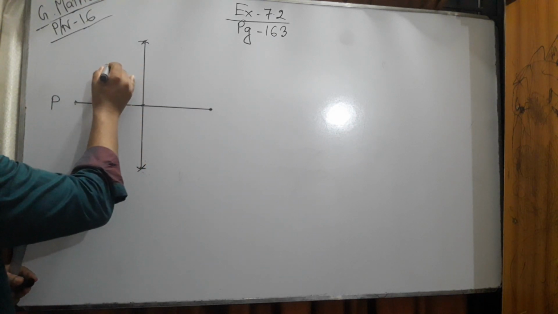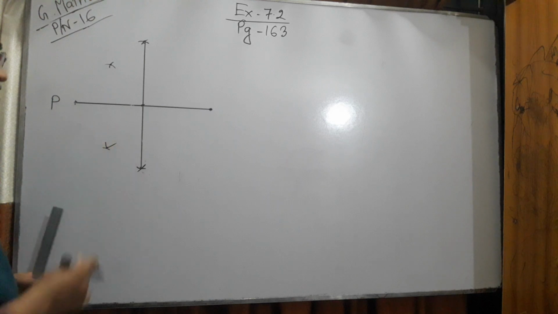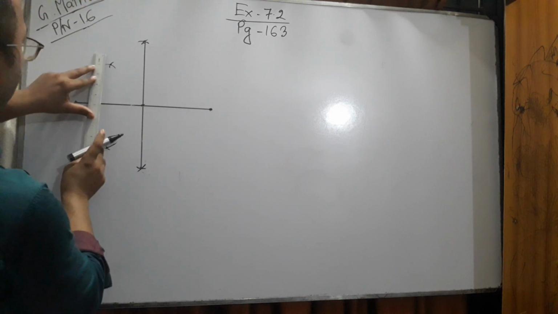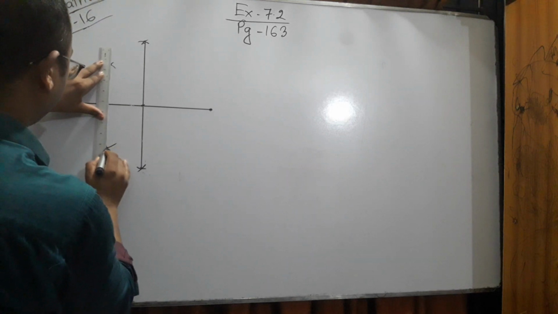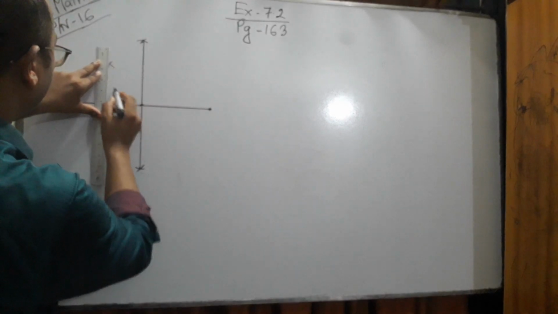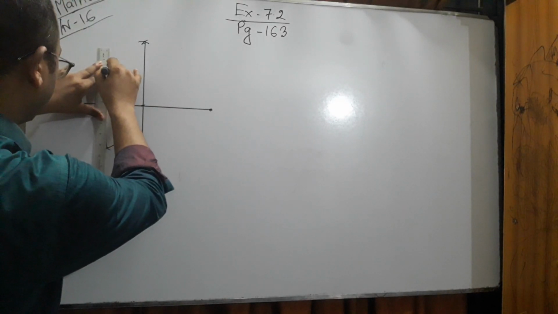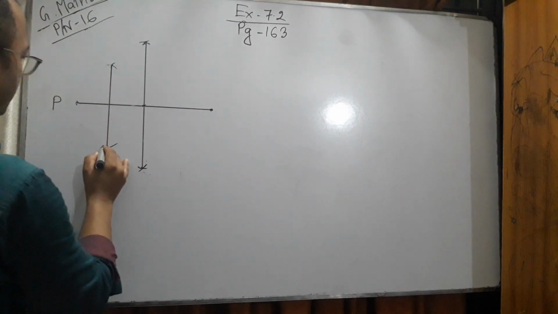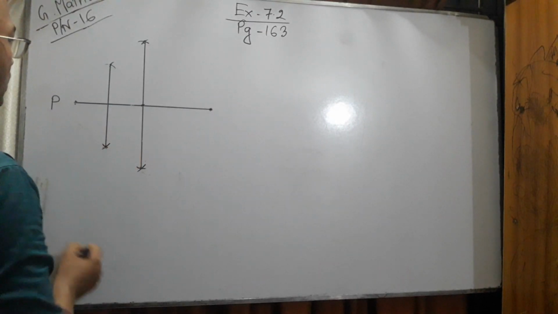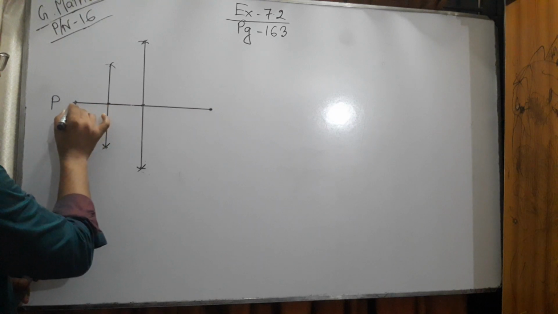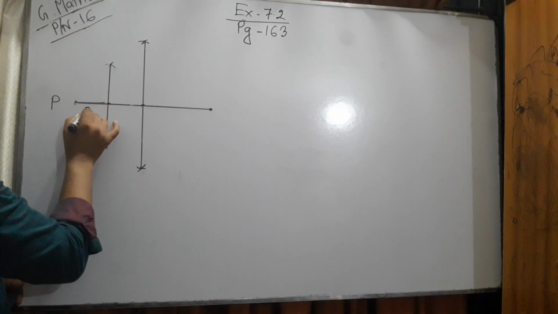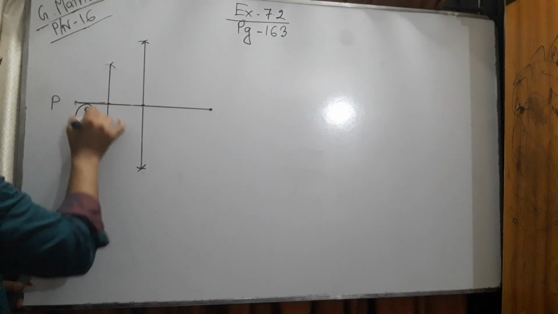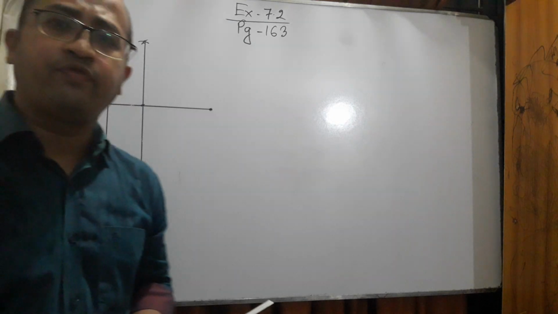These two arcs intersect at these two points. Now join these two points. So this portion is 1/4 of P, I mean one part out of four parts.